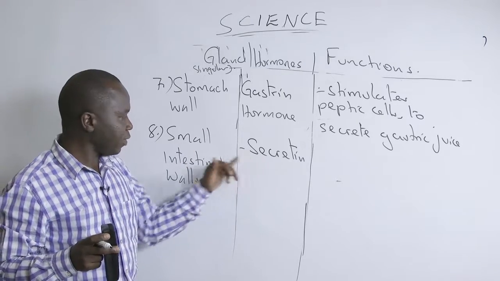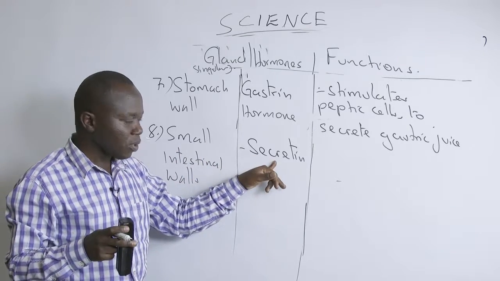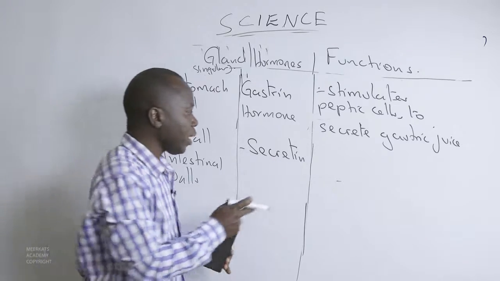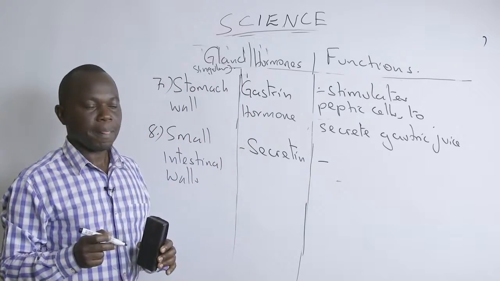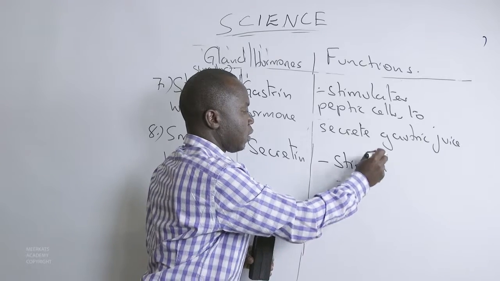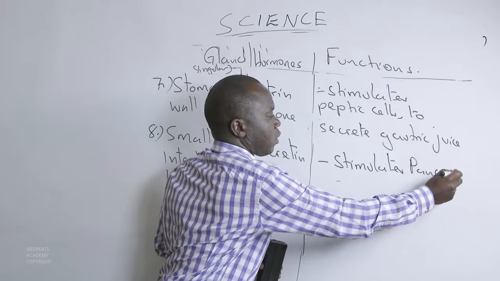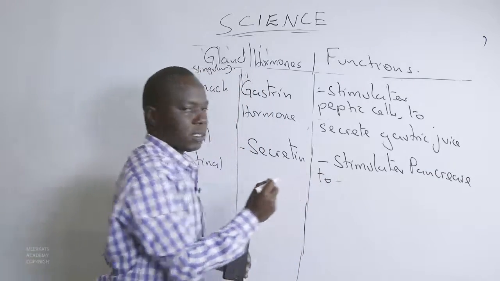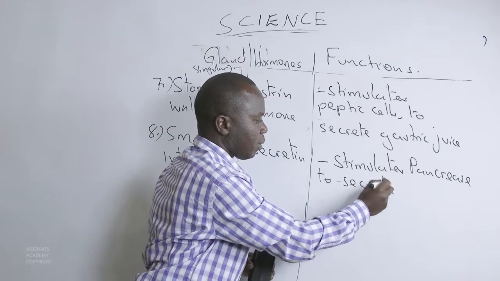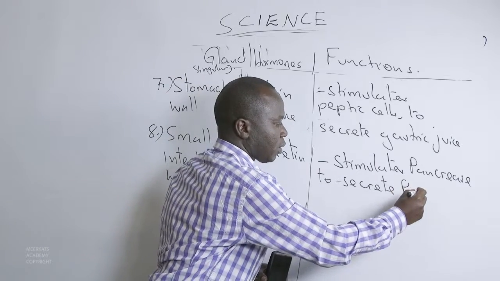So once food arrives in the small intestine, a hormone called secretin will be produced. Secretin will now stimulate the pancreas to secrete, you can remember what pancreas secretes in the digestive system, pancreatic juice.